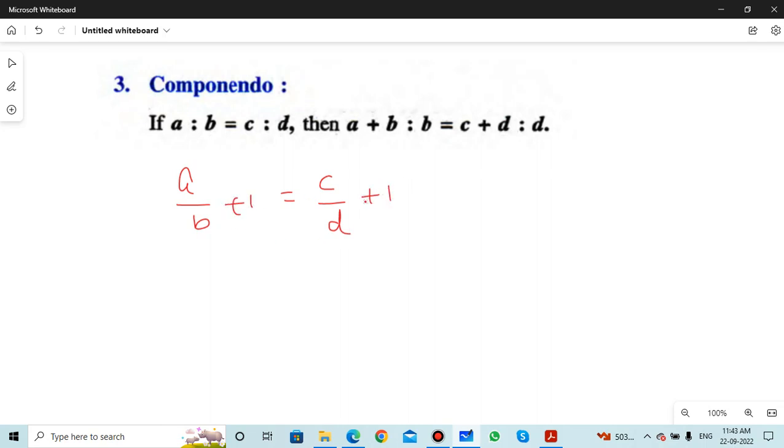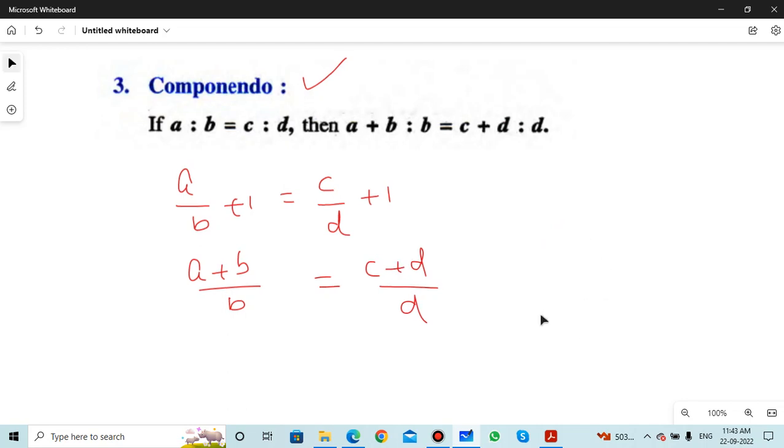If we add 1 to both sides of the equation, the value does not change. So it will become A plus B upon B, and the other one becomes C plus D upon D. This is simply by componendo.